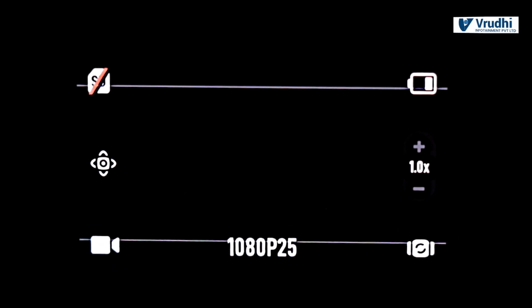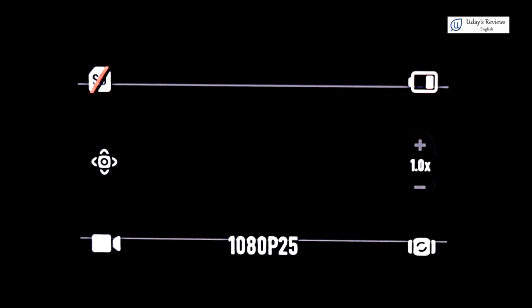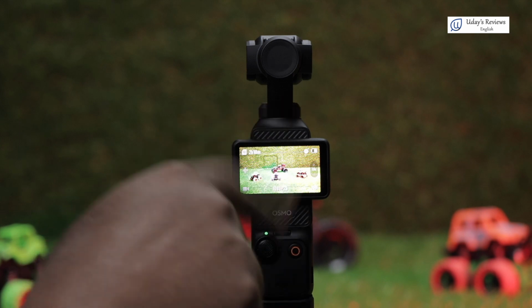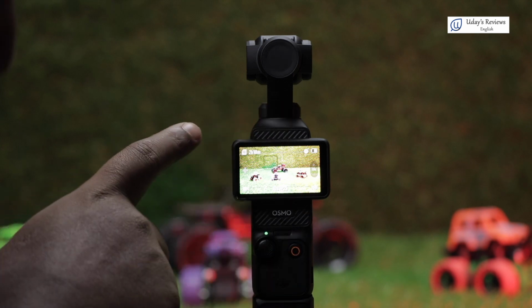You can see in the SD card till the battery there is one line going across, and below, from the camera icon till the gimbal rotation, there is one more line. That is the 2.35:1 grid. This generally is used for putting the black mat up and down. Whatever you're shooting, you should shoot inside that. That is what it resembles.